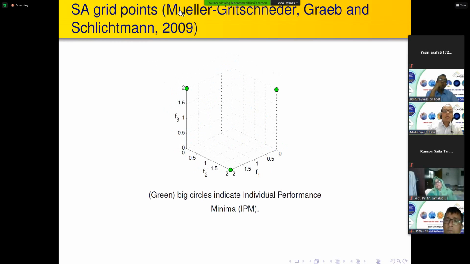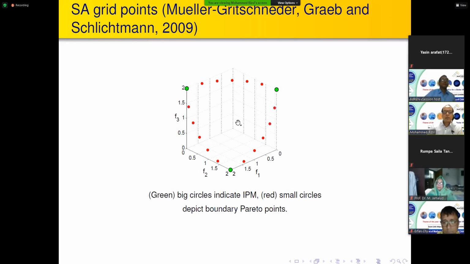another grid was introduced by Messac and Mattson in 2009, in a paper published by SIAM, who choose the individual performance minima. That means finding the individual solution of each objective function, locating that, then comparing F1 and F2, F2 and F3, F3 and F1. So find only the boundary points like that. Once you have the boundary, if you just add these 2 green circles, you will find a straight line, but now it looks like a curve.